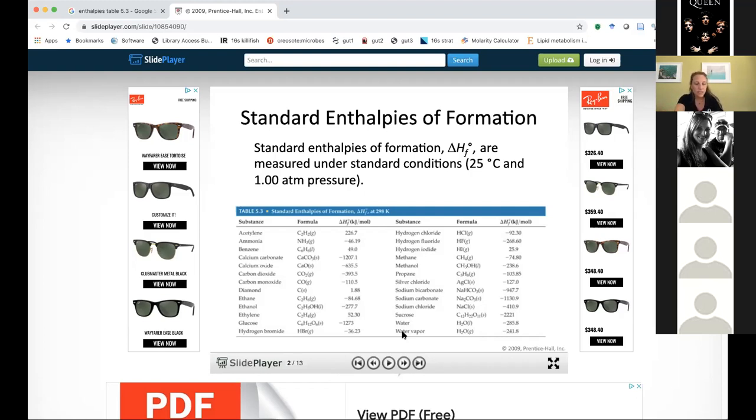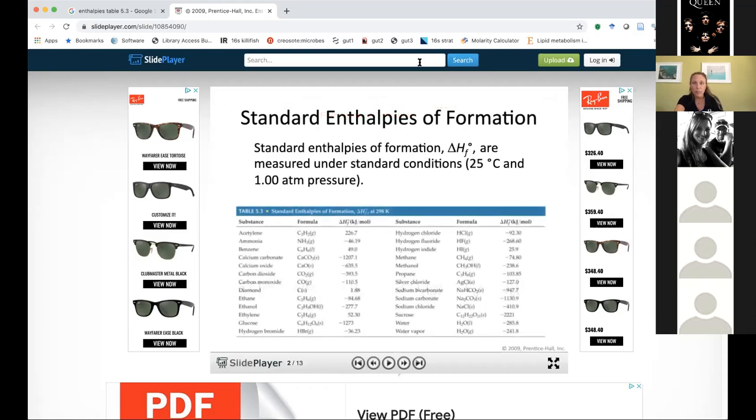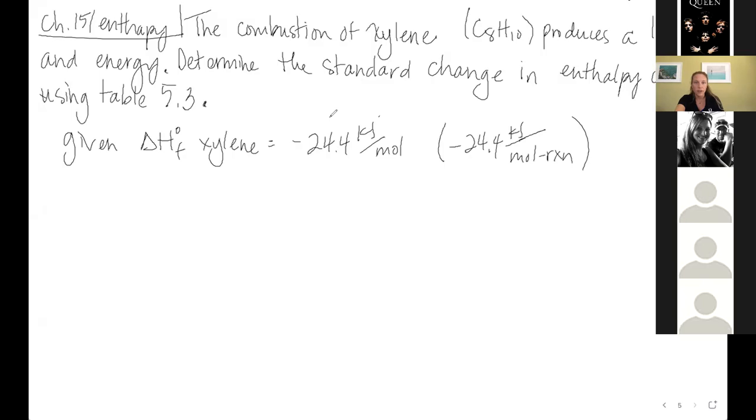Okay, I'm going to go back to my whiteboard to help write what I'm going to say so it's not confusing. We are interested in the combustion of xylene that produces a lot of heat and energy.